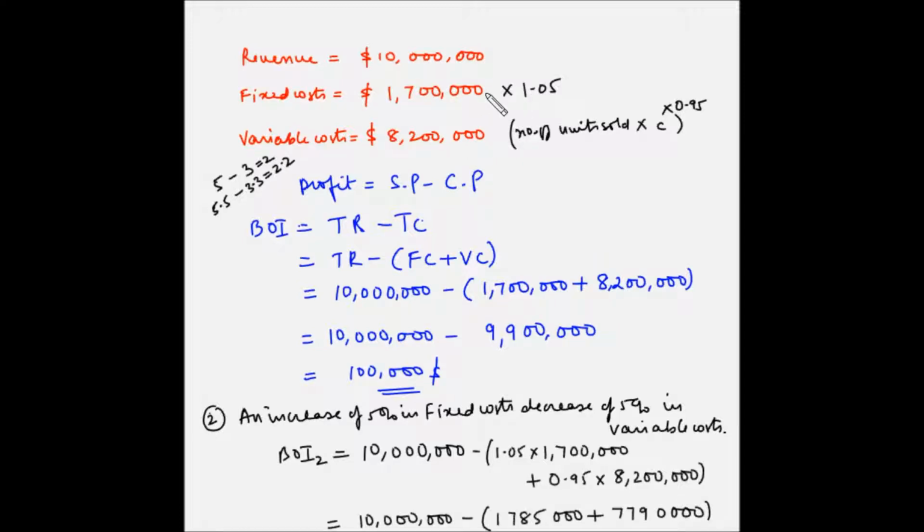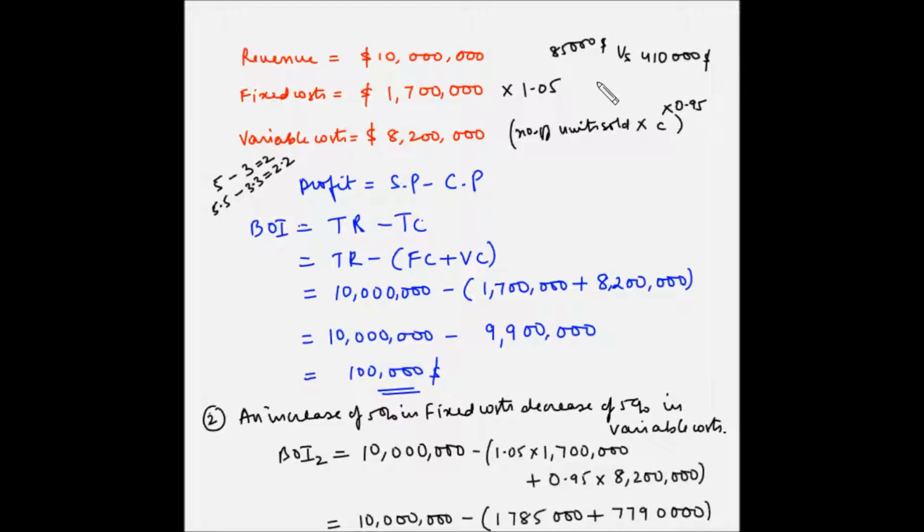See, the 5% increase in fixed cost means an increase of $85,000, whereas a decrease of 5% in variable cost means a decrease of $410,000.